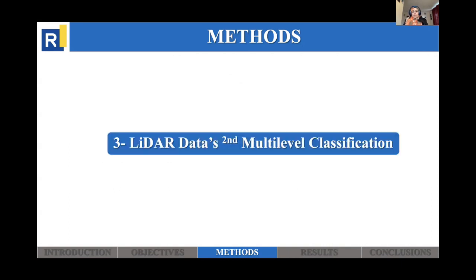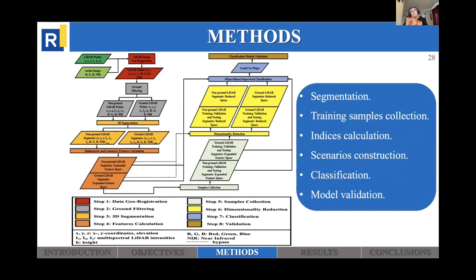producer accuracies. The second multi-level classification is mainly an object-based classification, just to accommodate the misclassifications that were noticed in the first multi-level classification. So segmentation was a fundamental step to achieve this goal. So the data were segmented, training samples were collected, geometric and radiometric indices were calculated, and then the classification scenarios were constructed.